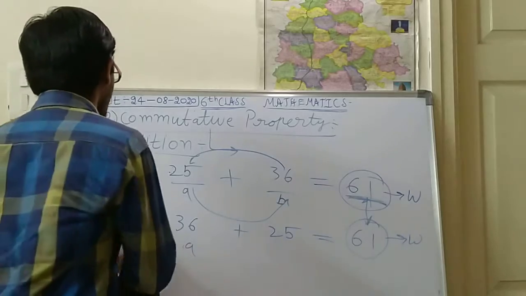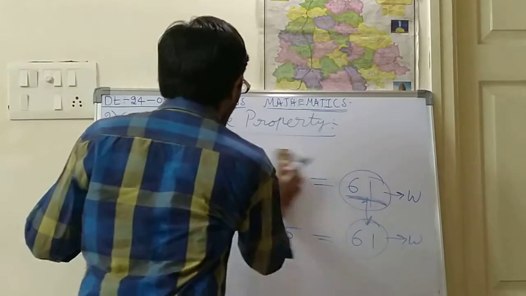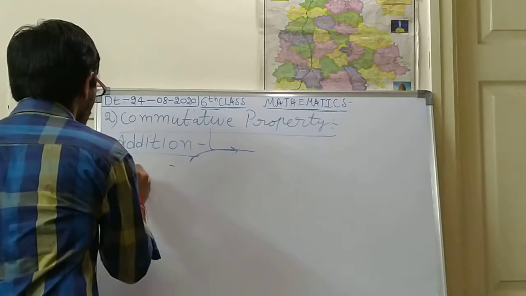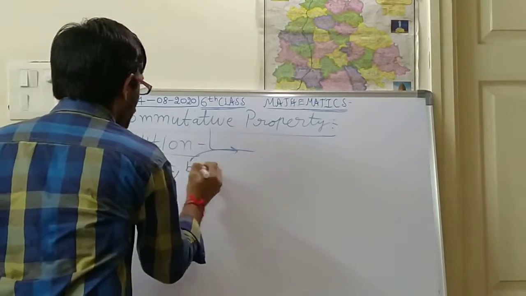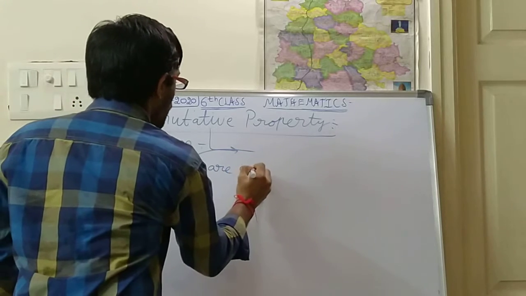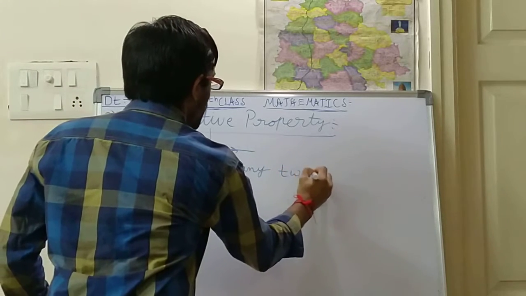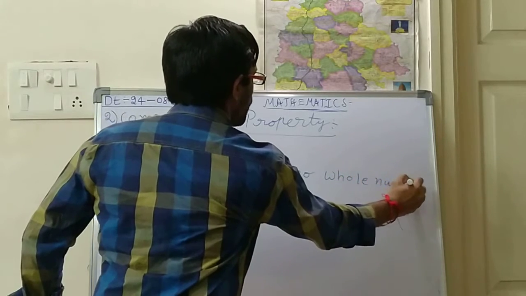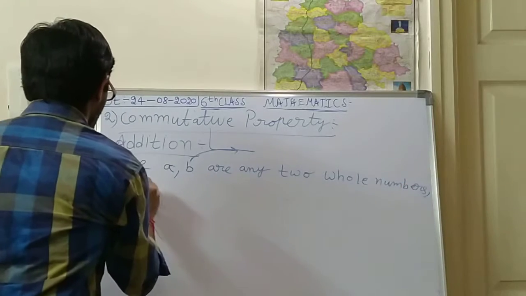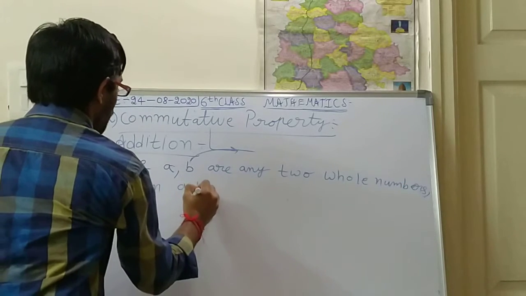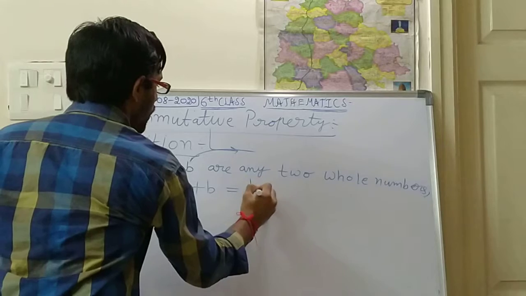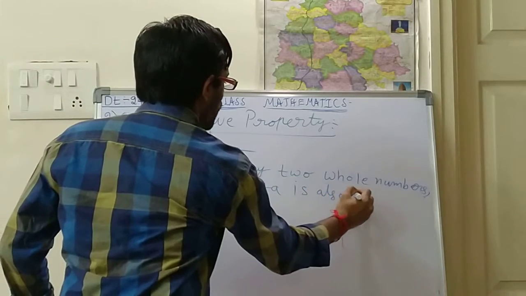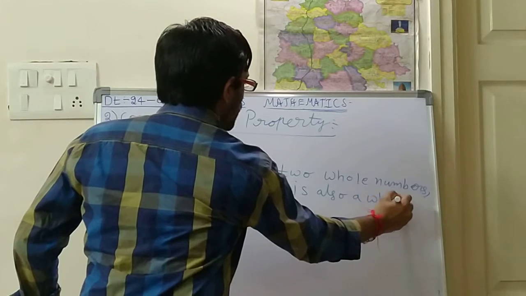So what should you write as a final statement? You can write on a paper: if a, b are any two whole numbers, then a plus b is equal to b plus a, which is also a whole number.